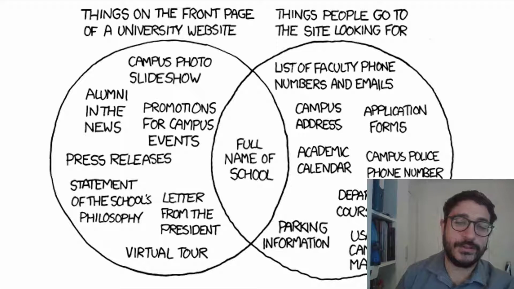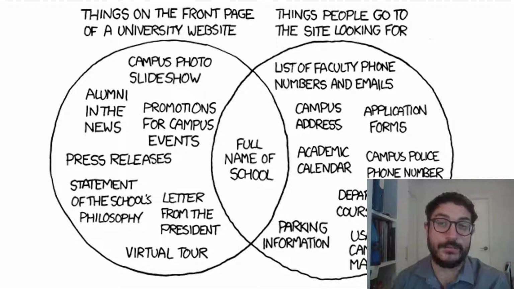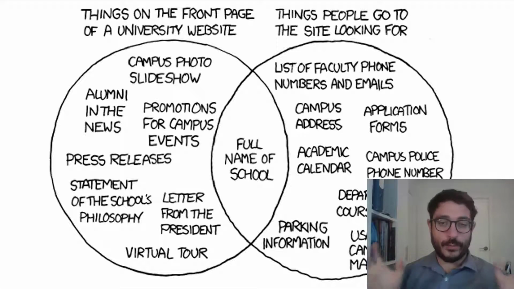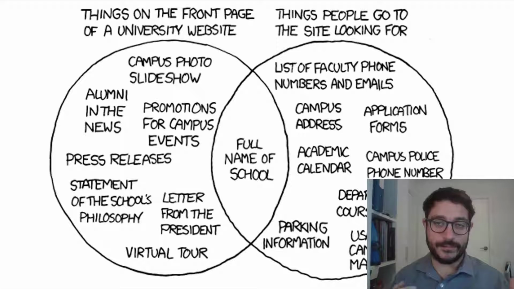But why did you go on that website? You went there because you wanted the campus address, you wanted the application form, you wanted the academic calendar. So really, what is the only thing that matches the expectation against what you get? It's the full name of the school.